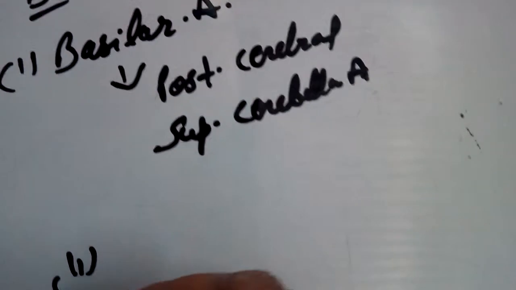The second blood supply of the midbrain comes from branches of the posterior communicating and anterior choroidal arteries.